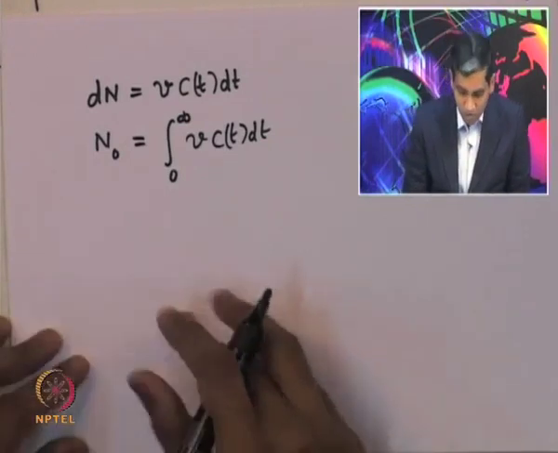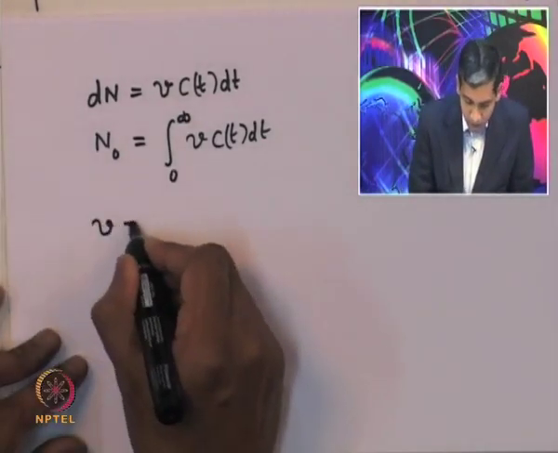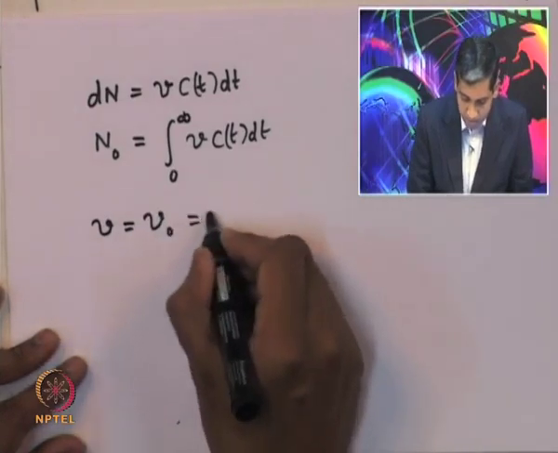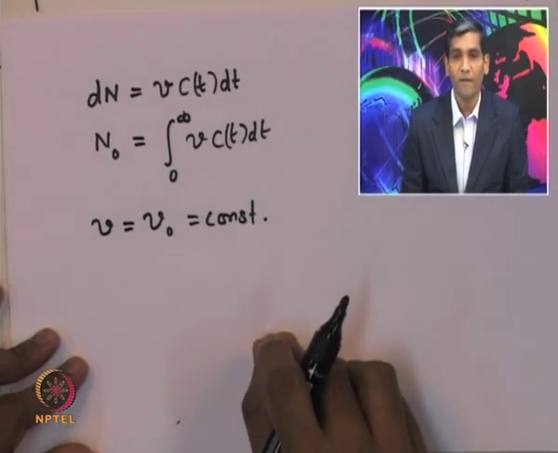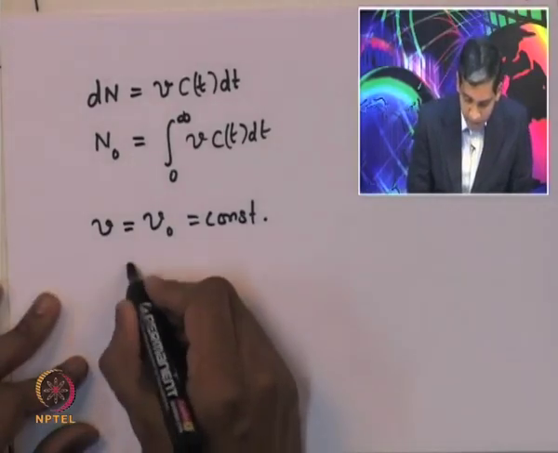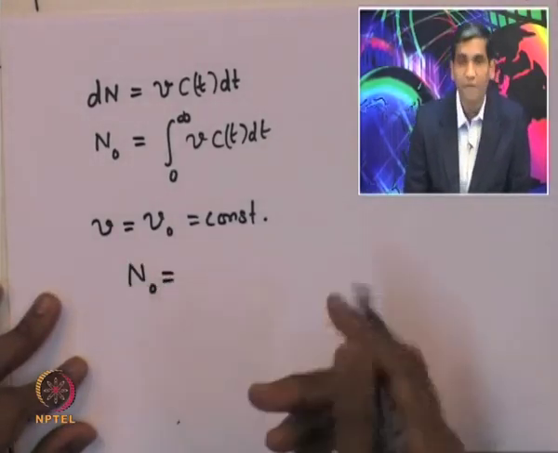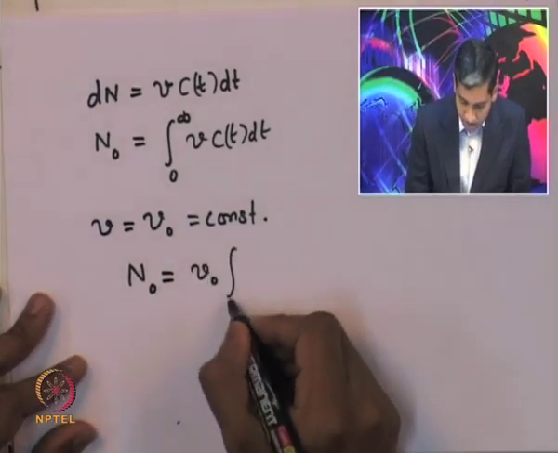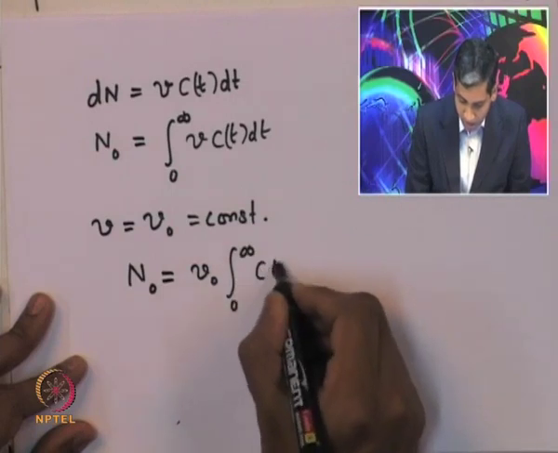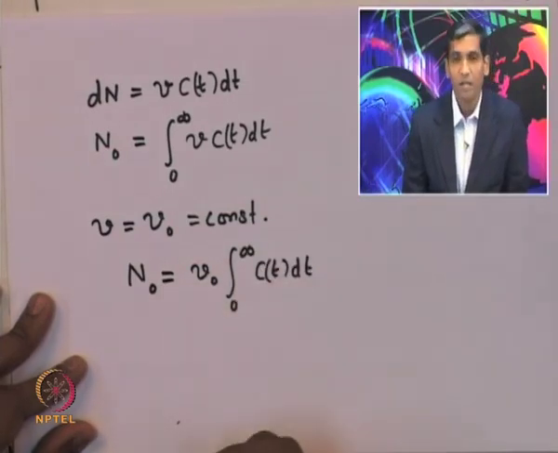Suppose we assume that the effluent stream volumetric flow rate is constant, then N naught, the total amount of tracer fed in, is given by V naught into the integral from 0 to infinity of C of t dt.